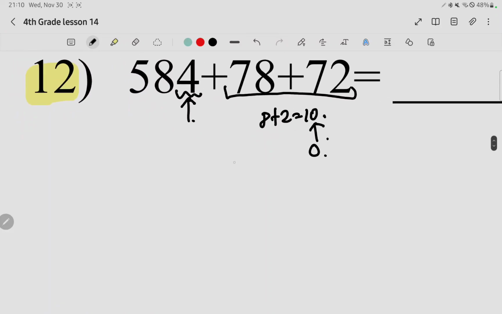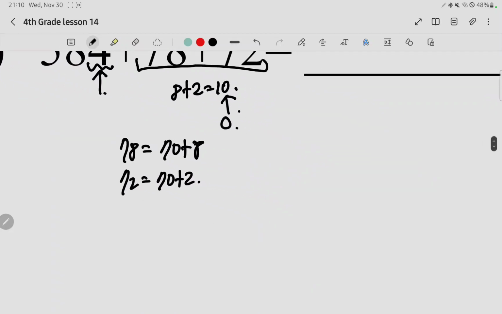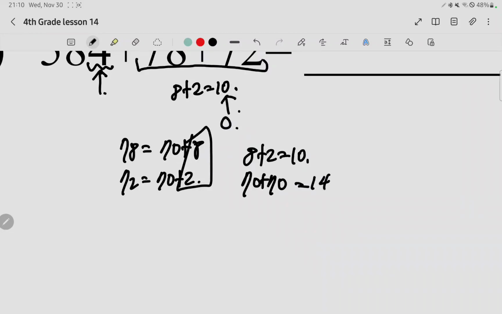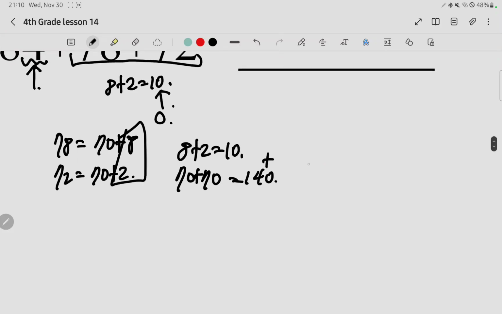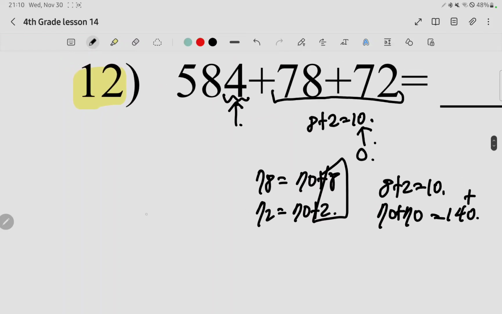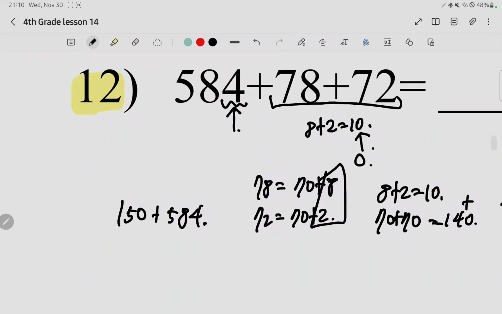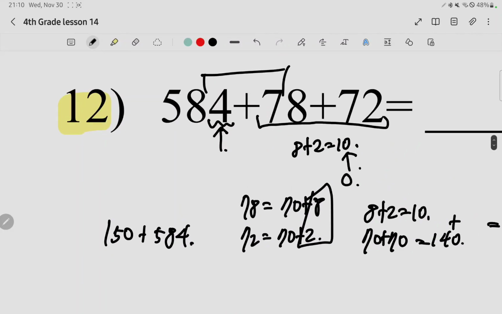So 78 can be written as 70 plus 8, and 72 can be written as 70 plus 2. Then I already showed you that 8 plus 2 is 10. And you know that 70 plus 70 is 140. So you're just going to add these two, then this will become 150. So 150 plus 584 is much easier. Not easier, but easier looking than just adding these two.